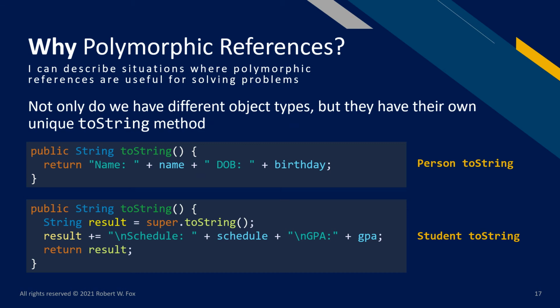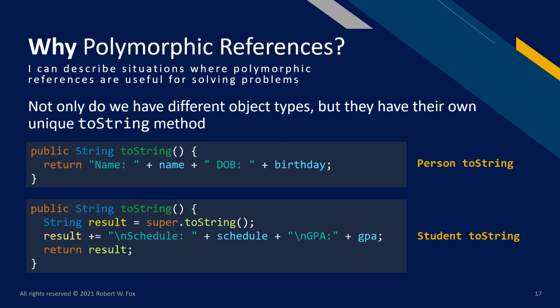And not only are the types in the array list different, but they have their own unique toString method. And remember, when we printline an object, it calls the toString. So for person objects, we have one toString, and for student objects, we have a different toString because we want different things to be displayed.